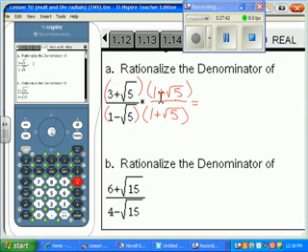Okay? We're running short on time. I'm not going to finish this as of right now. I just want to show you one other thing. You don't have to write this down. If I gave you something like square root of 3 over the square root of 2, can I leave it like that? No, because I have a radical in the denominator. But is there a conjugate?